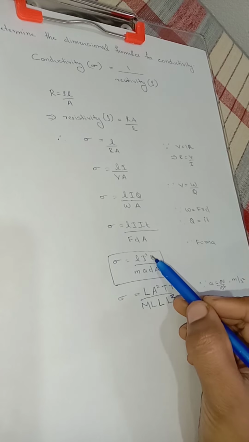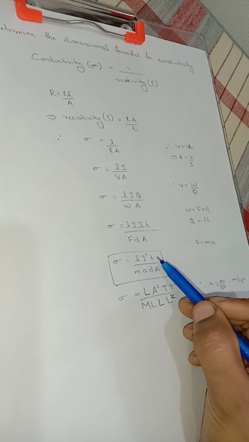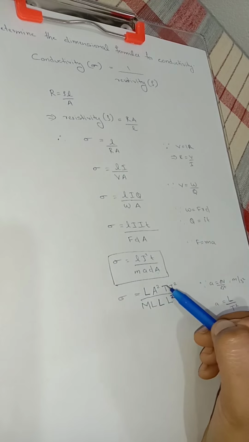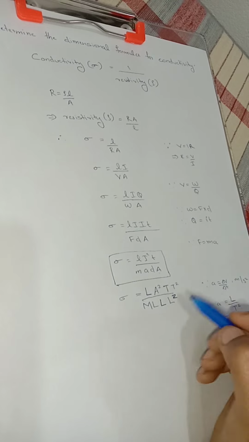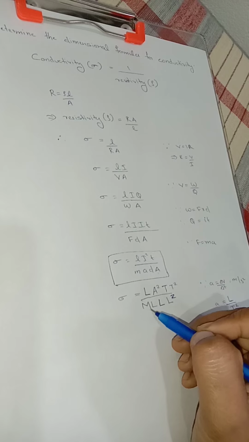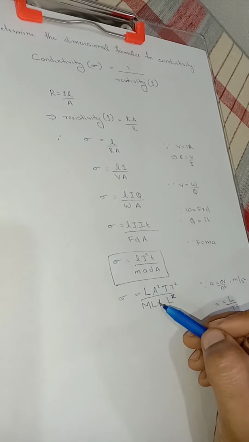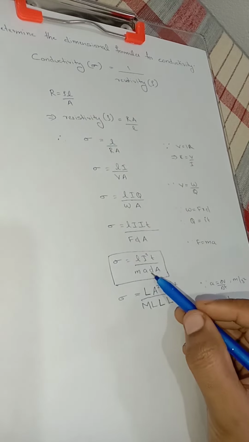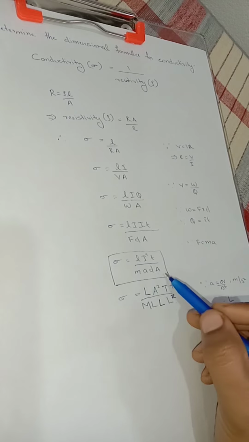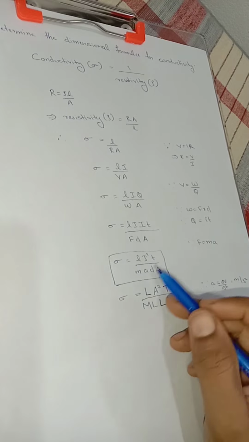T is time, its unit is second and dimension is T. Mass has dimension M, and acceleration, whose unit is meter per second square, has dimension L by T square. D is displacement or distance, its unit is meter, so its dimension is L. Area has unit meter square, so its dimension is L square. So this is what we get.